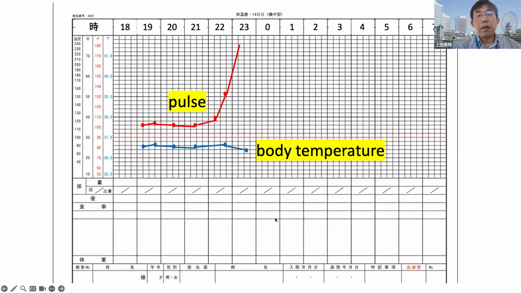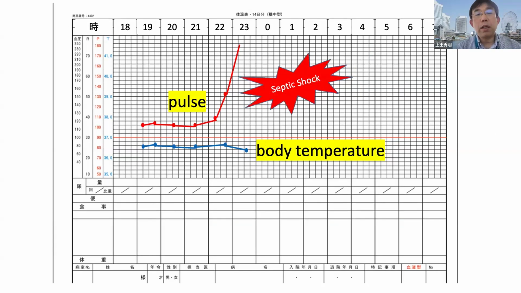So this is the chart of the pulse and the body temperature. As you can see, the temperature doesn't seem to change so much, but the pulse jumps. This was septic shock, which showed that the body temperature rose around 12 hours later than the pulse.